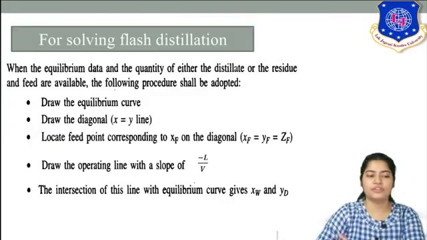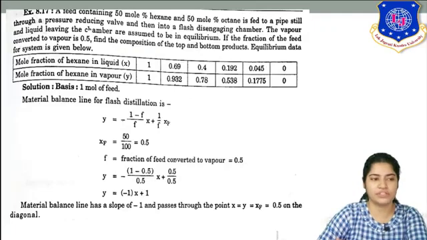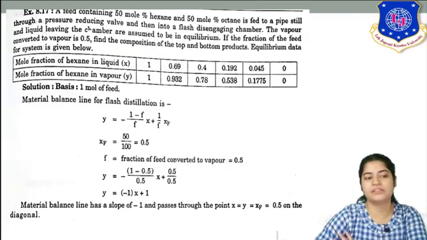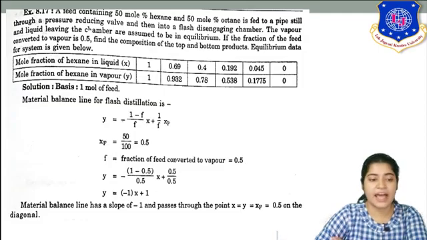Let's follow the steps given here and solve a question. A feed containing 50 mole% hexane and 50 mole% octane is fed to a pipe still through a pressure reducing valve and then into a flash disengaging chamber.